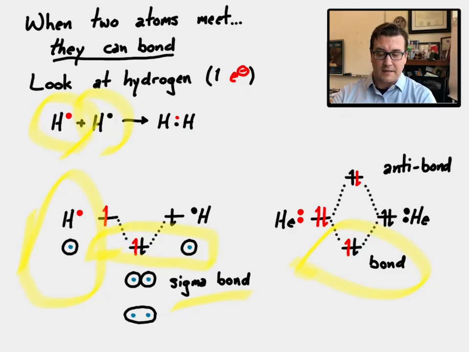But the key thing to look at as well is that the remaining electrons that didn't go into this bonding orbital are left around, and they form an antibonding orbital. A greater amount of energy would be required to put the electrons into the antibonding orbital, and so they end up canceling each other out, and helium just goes about its merry way as helium with 2 electrons.